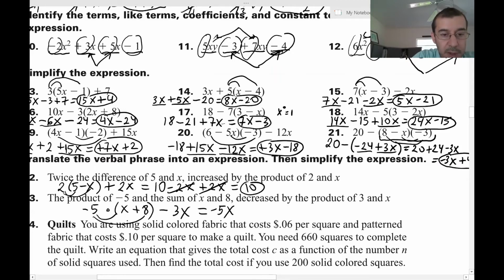Minus 5 times 8 is minus 40. And minus 3x. Like terms, minus 5x and minus 3x, that is minus 8x. Both are negative, so we're adding up. 5 plus 3 is 8. Minus 8x and minus 40.